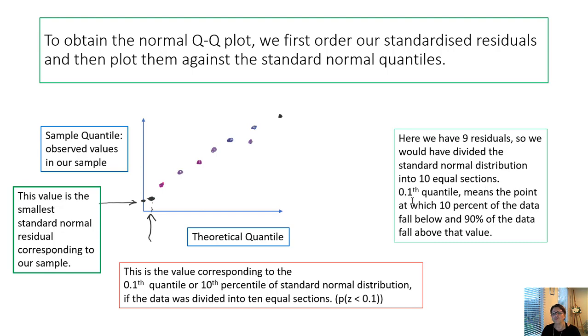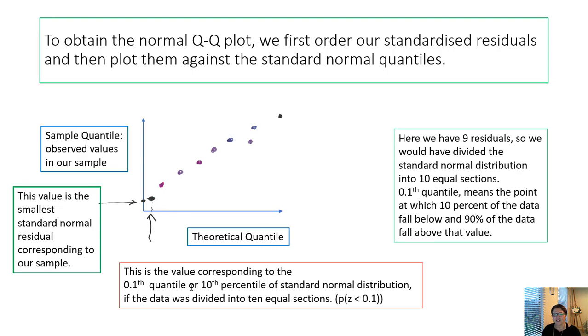So we have the 0.1 quantile. It means the point at which 10% of the data fall below and 90% of the data fall above that value. All right? So the theoretical quantile is on the x-axis.